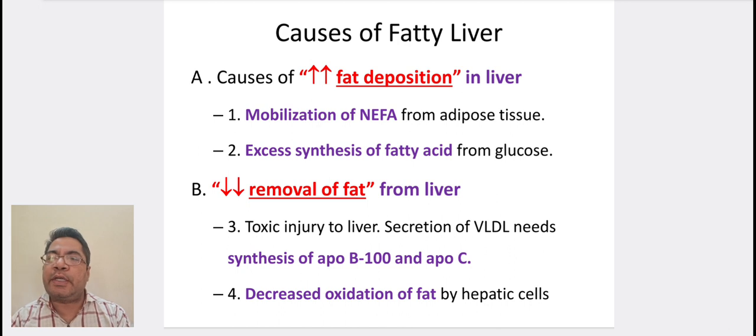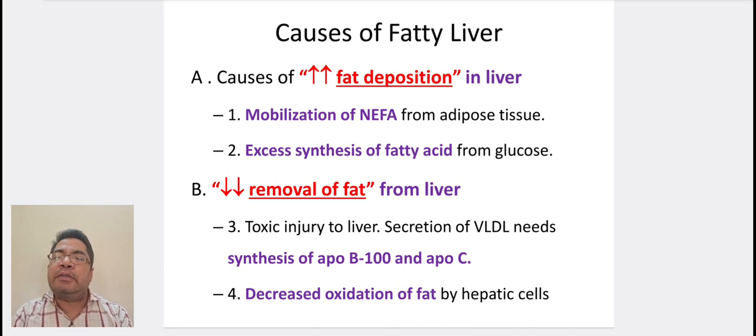Coming to causes of fatty liver. Causes of increased fat deposition in the liver are mobilization of non-esterified fatty acids from adipose tissue and excess synthesis of fatty acid from glucose.